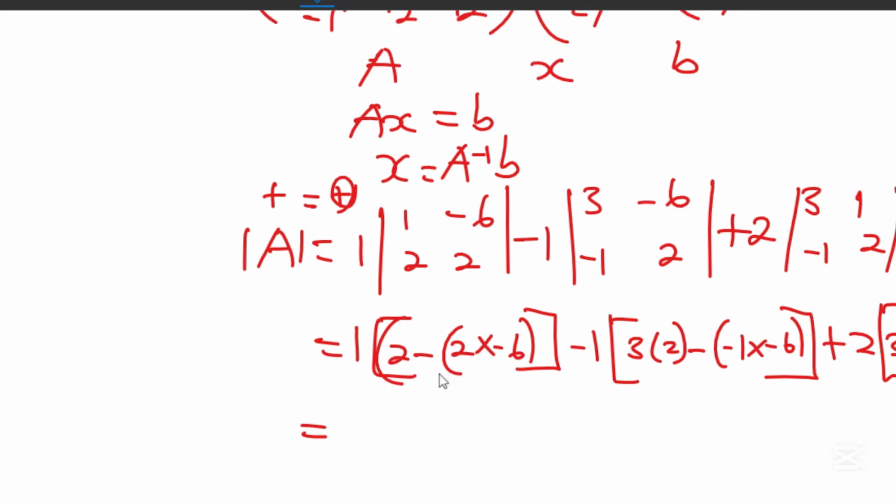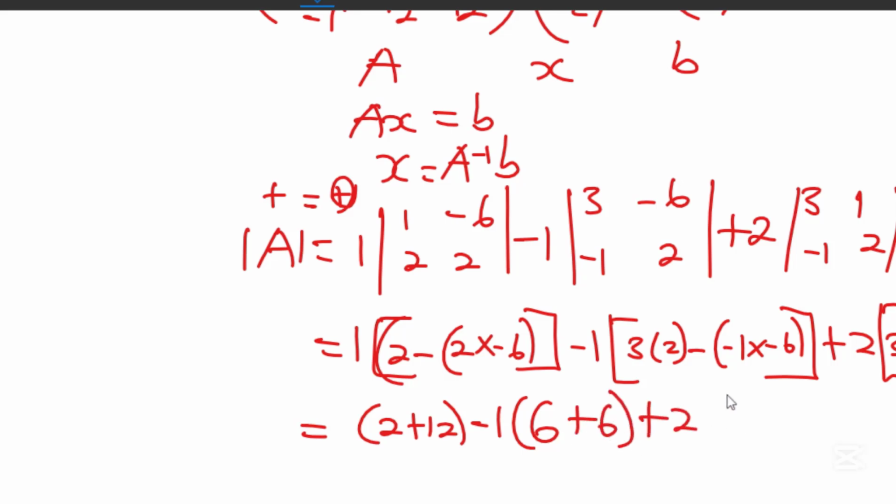So here we are going to have 2 times negative 6, which is negative 12, but negative times negative gives us positive. So here we are going to have 2 plus 12 plus this one. So we have negative 1 into bracket 3 times 2 is 6. Negative 1 times negative 6 is positive 6. Then you have plus 2, and this one we have 3 times 2, which is 6.